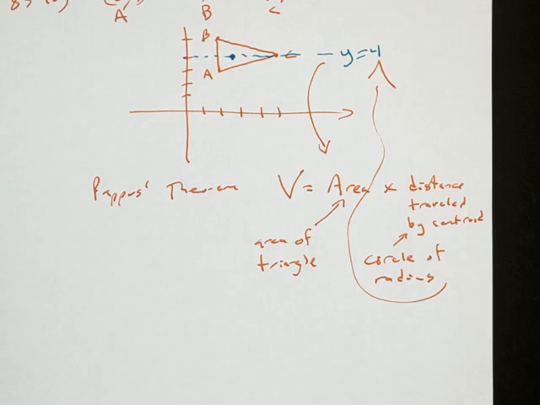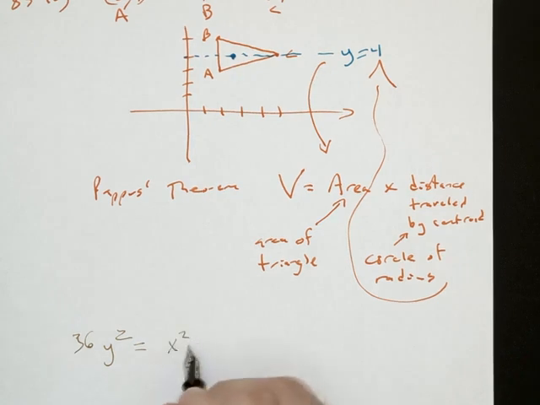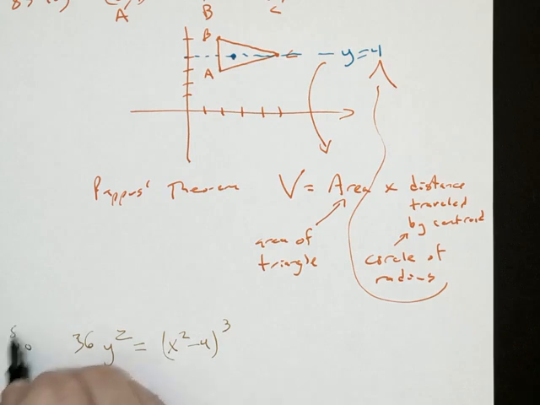We're in the same square and cube thing again a lot, aren't we? 36y squared equals x squared minus 4 cubed. This was 10, you said? 10. There we go.